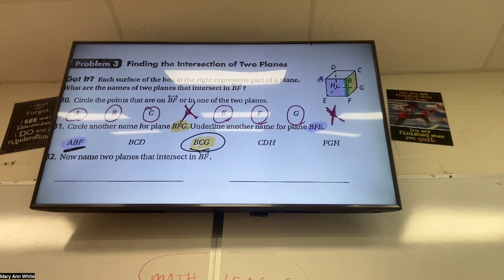We would want another name. What'd you say? CGF, that works. CGF, that's also the yellow plane. What's another name for that? BFC. Good. Anyone got another one?